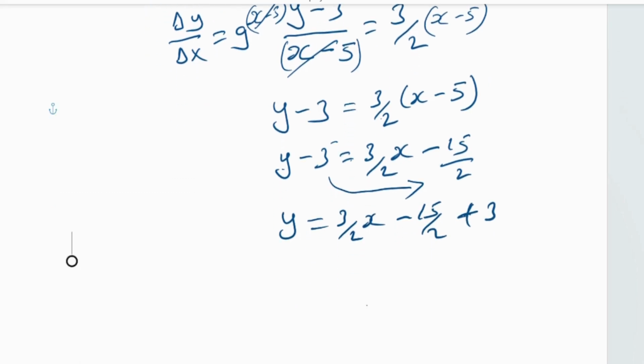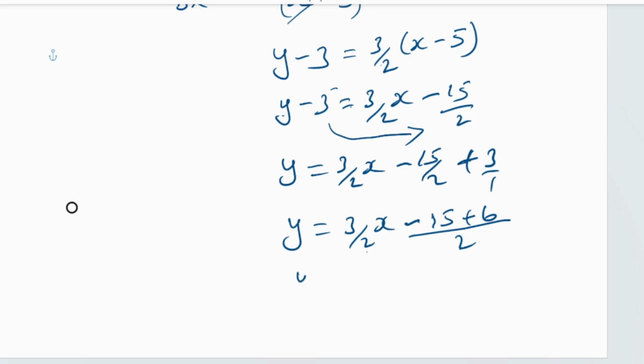If you add these two, now you find the LCM. 2 divided by 2 is 1 times 15 is minus 15. Then 2 divided by 1 is 2 times 3 is plus 6. And therefore it will be y is equal to 3 over 2 x minus 9 over 2.